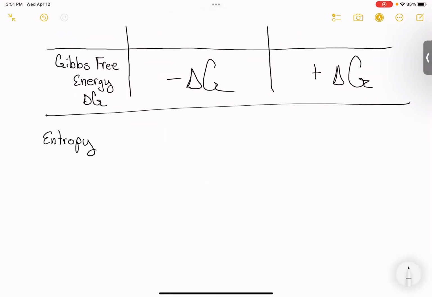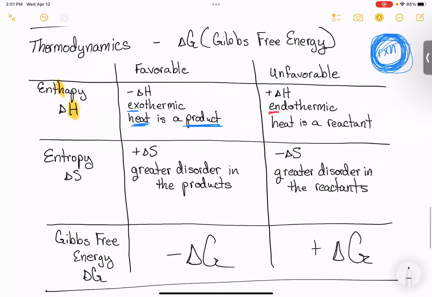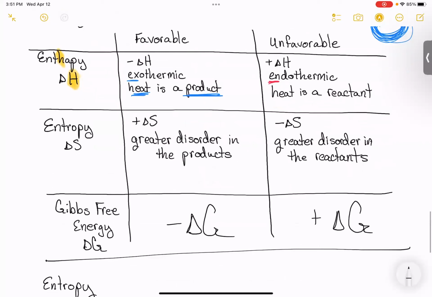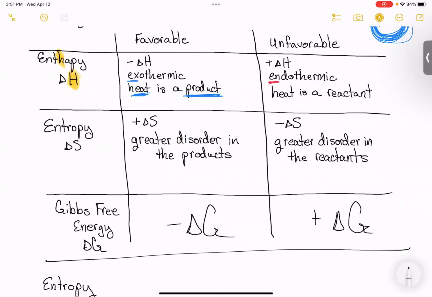I'm going to go back to this picture up here, and we're going to think about it.